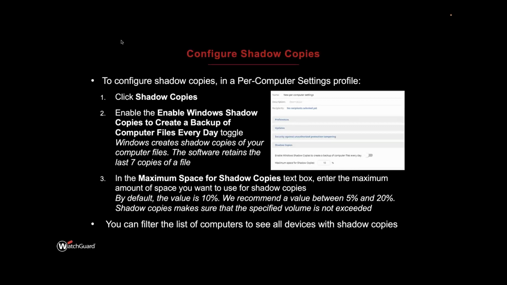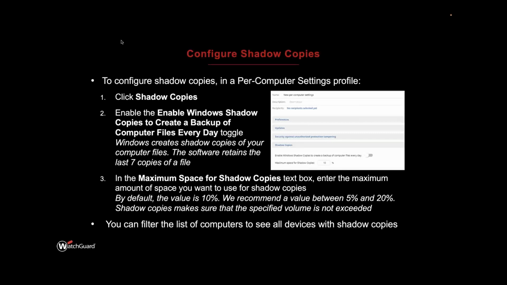So we're going to go to settings, per computer settings profile, and you will notice that you have a shadow copies option here. You can activate it by enabling our shadow copies repository and our management of those shadow copies.